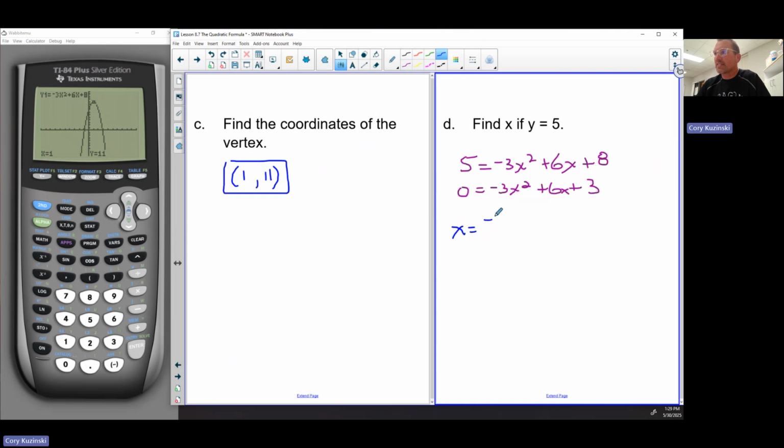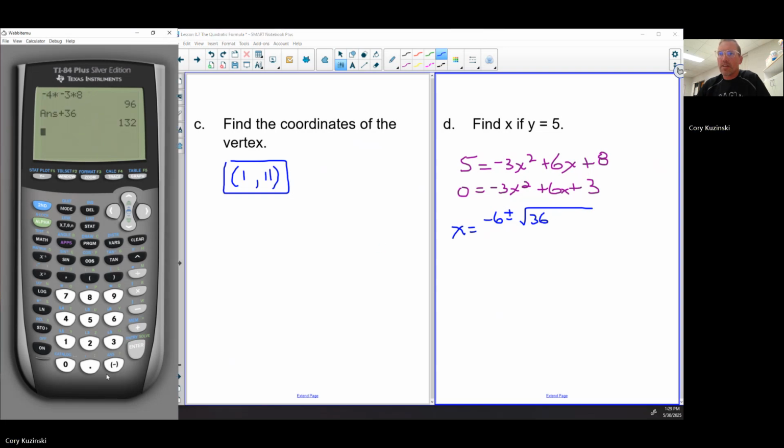So -6 plus or minus the square root. 6 squared is 36. -4 times a, which is -3, times c, which is +3. That's +36. Did I do that right?